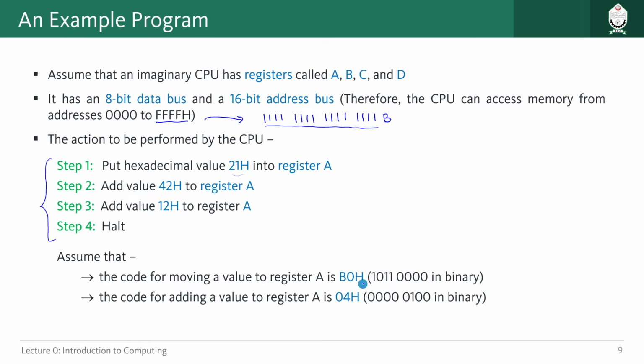So this is the instruction or code for just doing that. Maybe which value we will actually move, that will be defined later, or actually is defined here. We will try to look at the whole code, but understand just for moving a value to register A, the code is this one, and also for adding a value to register A, the code is this one, 04H.